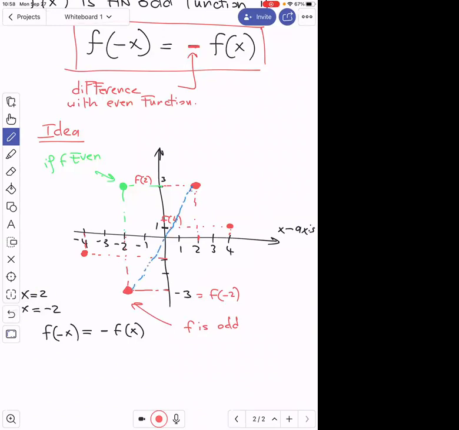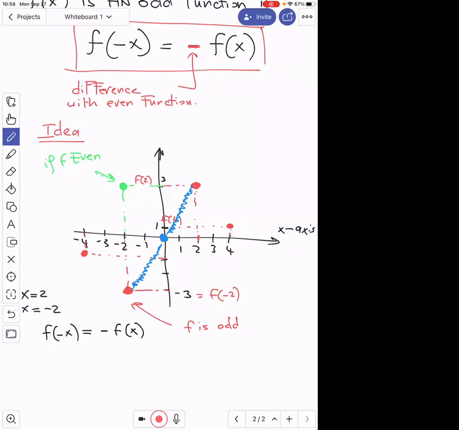What I call the origin is this point here, 0, 0. These two points are opposite because they are symmetric about the origin. They have the same distance from the origin. This distance from my red point to the blue one is the same as this one here. So the two points have the same distance from the origin, from the 0, 0.